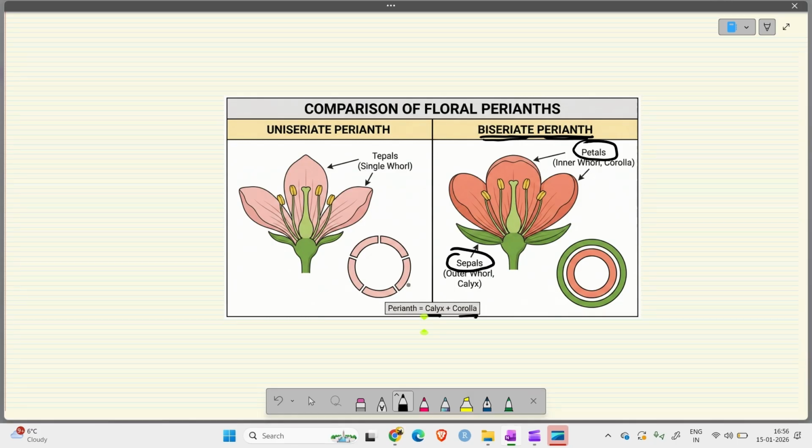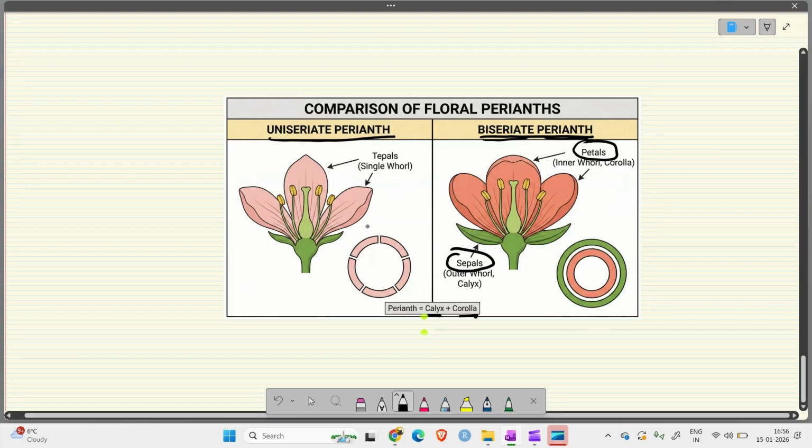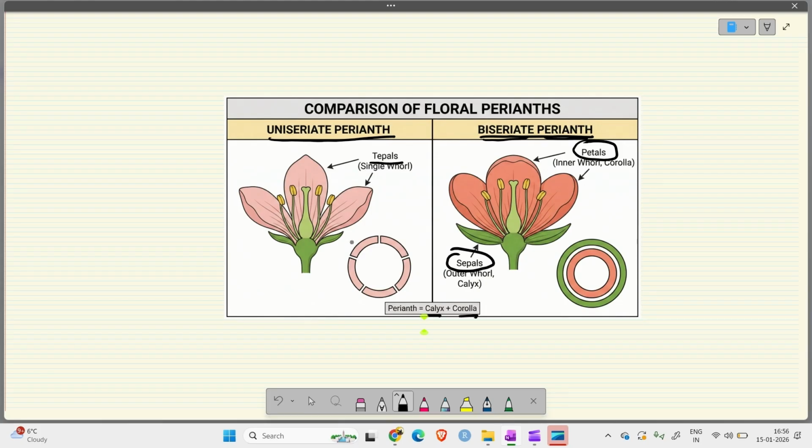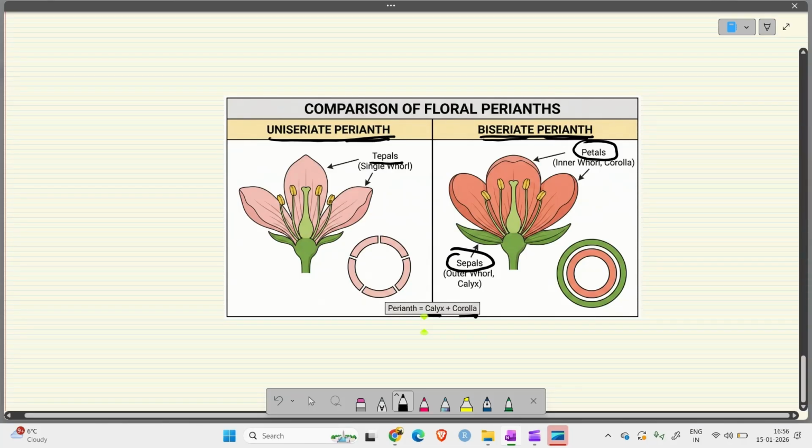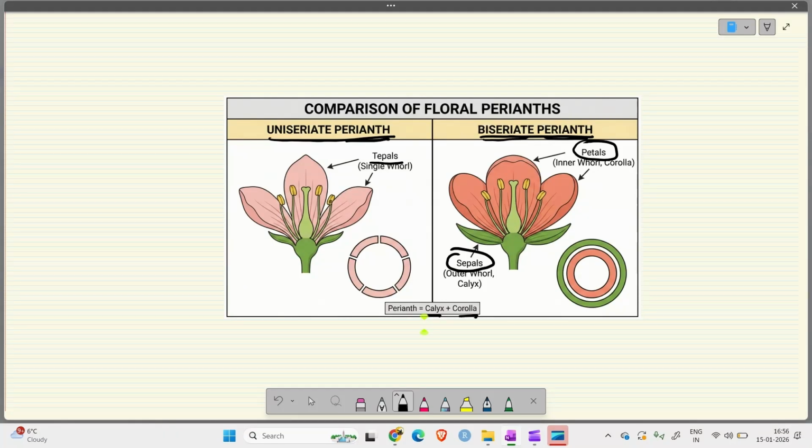When these sepals and petals are distinguished, we say biseriate perianth, which is present in gamopetalae and polypetalae. Whereas in the case of uniseriate perianth, the sepals and petals are not distinguished, and they are then referred to as tepals. So this is uniseriate perianth. You can remember it as behaving like a single organ, while in the case of biseriate, they are like two organs, the two whorls.